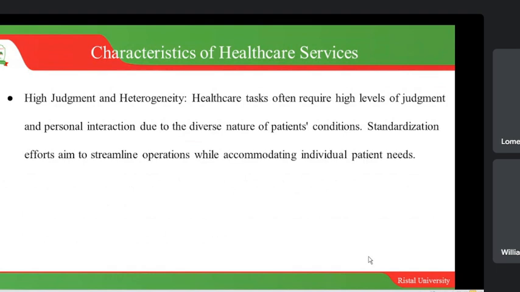When we are talking about heterogeneous, it could also have the meaning of different. And so around healthcare, the nature of patients is diverse. And then also when it comes to wanting to standardize so that we can serve all of them, it could be a costly affair on the side of the healthcare facility.